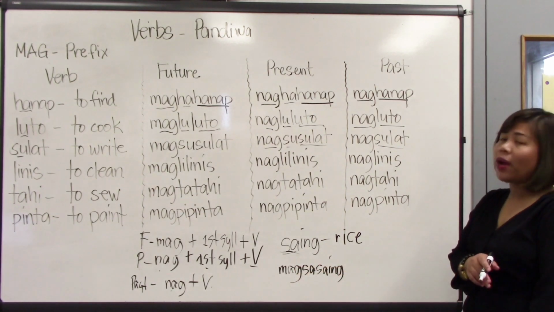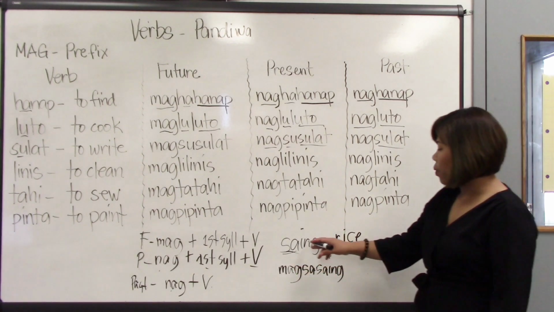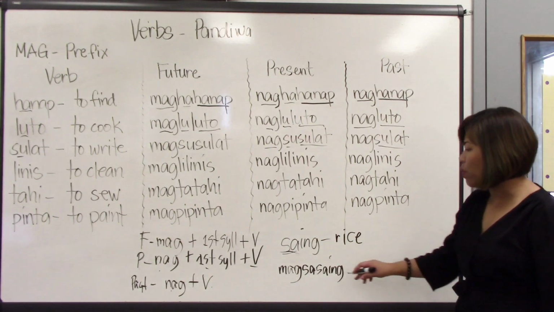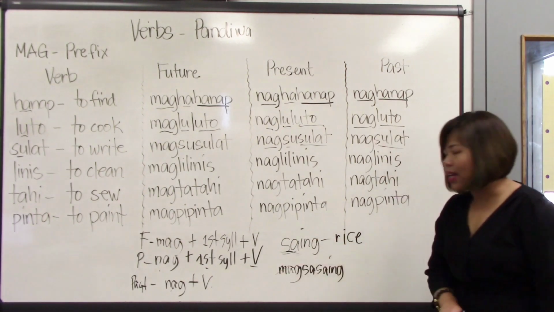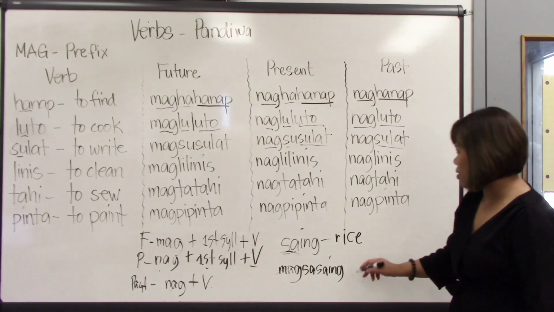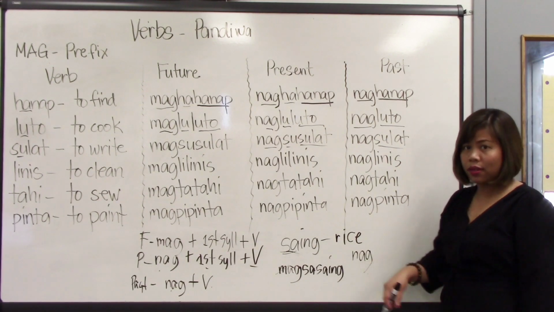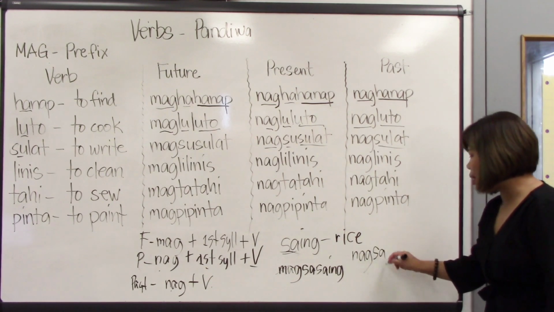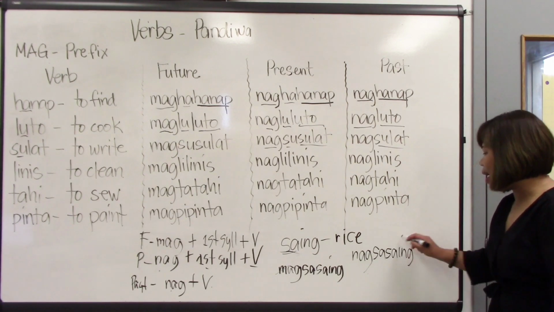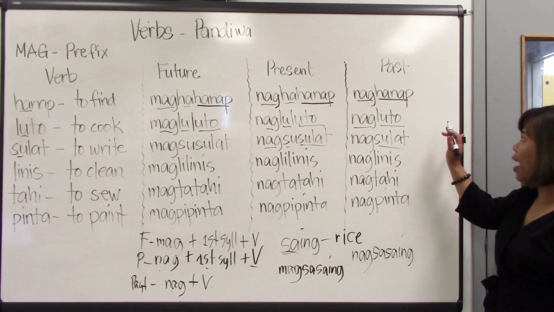Magsasaing. How about the present tense of the verb saing? So we will change mag into nag, right? So nag, and then we take the first syllable, sa, nagsa, and then the entire verb saing. Nagsasaing.